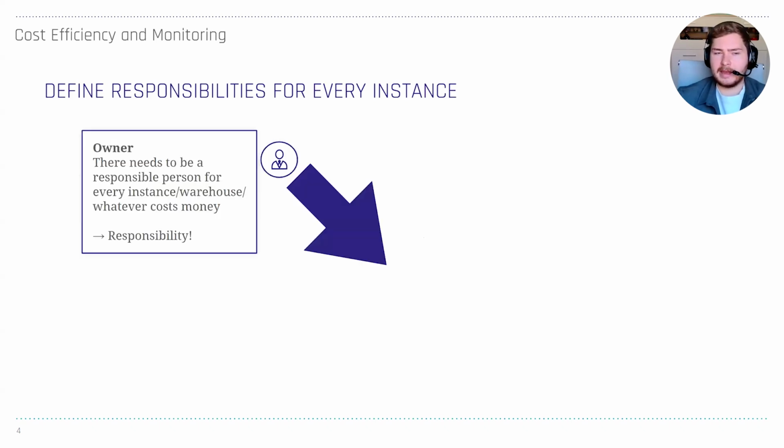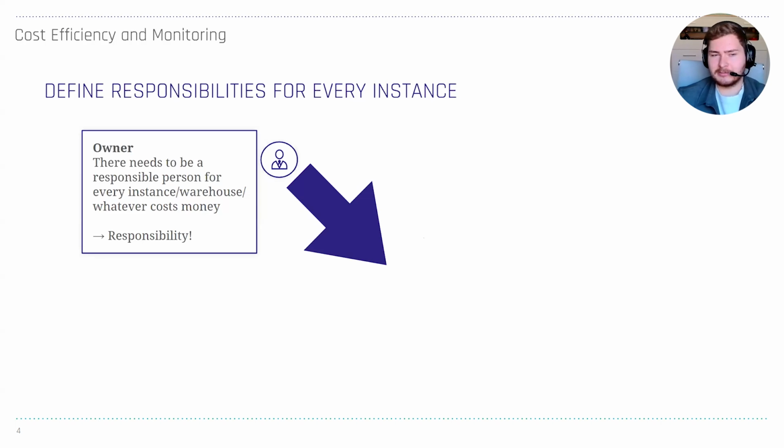This is why I think every data product, or in a cloud environment every tech product, should have a data owner or a person that is responsible. Even in Snowflake, for example, a warehouse or an instance should have a data owner attached, so that there is clear responsibility, because this is not done a lot.